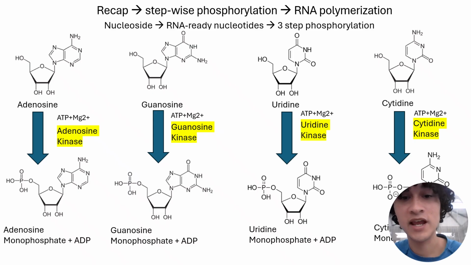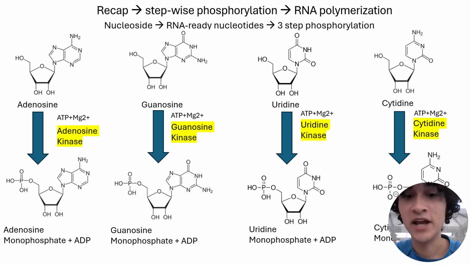You can see each of the sugars on the top, whether it's adenosine, guanosine, uridine or cytidine, all have those hydroxyl groups on the second carbon. Always look out for that second carbon, and that will indicate whether it's a ribose sugar or a deoxyribose sugar. Again, just to reiterate, both deoxyribose and ribose are pentose sugars, so they're 5 carbon sugars, but the only difference is their functional group on that second carbon.